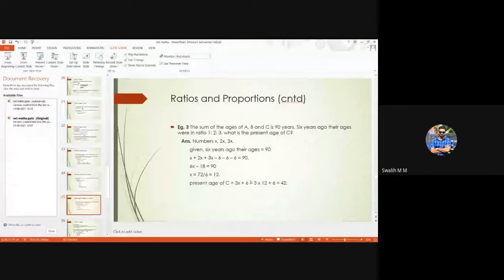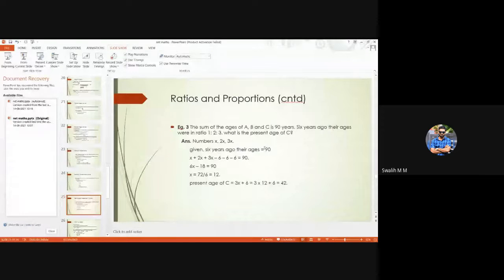That is 3 into 12 plus 6, that is 42. Why we are adding 6 is because the question says 6 years ago their ratios were 1:2:3, not the current ratio. 6 years ago, their ratio was 1:2:3. So 6 years ago, the total was 90.